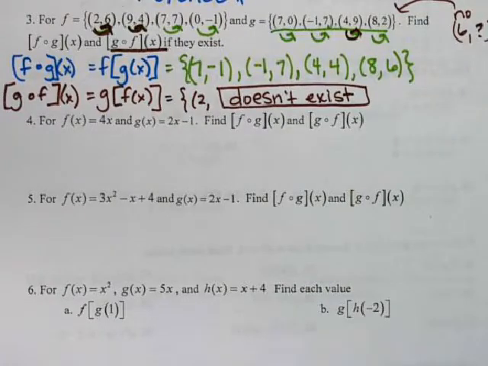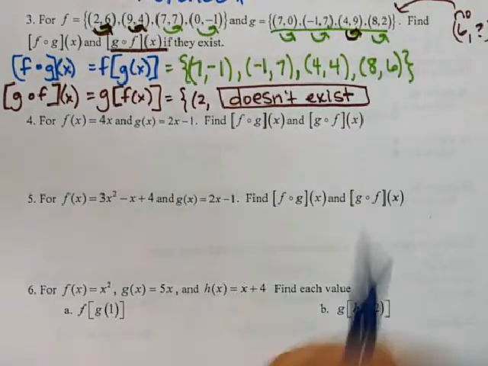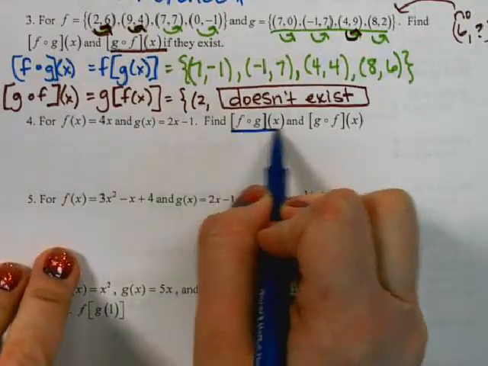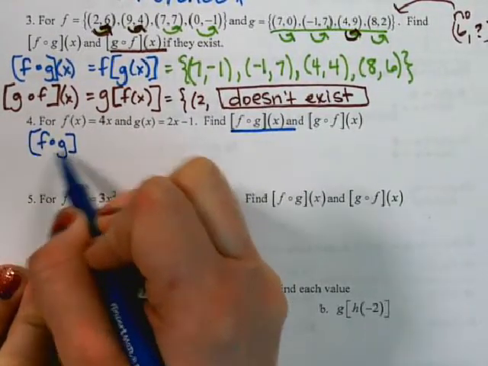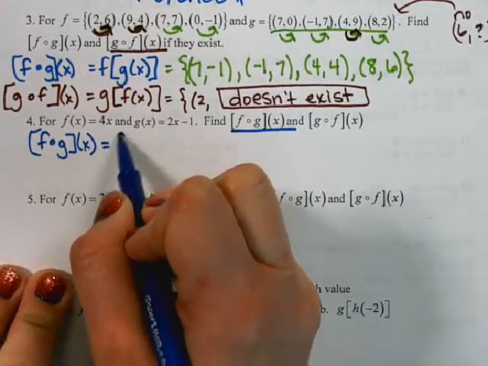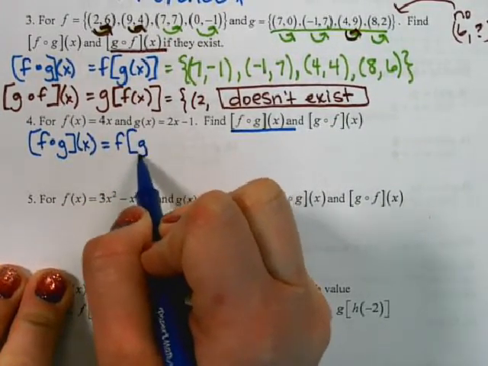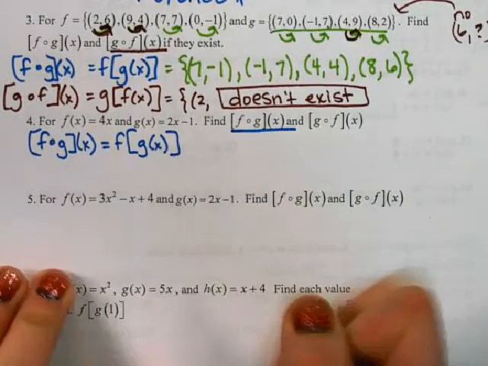Okay, so on number 4 there, it says, for f of x equals 4x and g of x equals 2x minus 1, find f of g of x and g of f of x. All right, let's start with f of g of x. Again, it looks like fog, but that really means f of g of x.